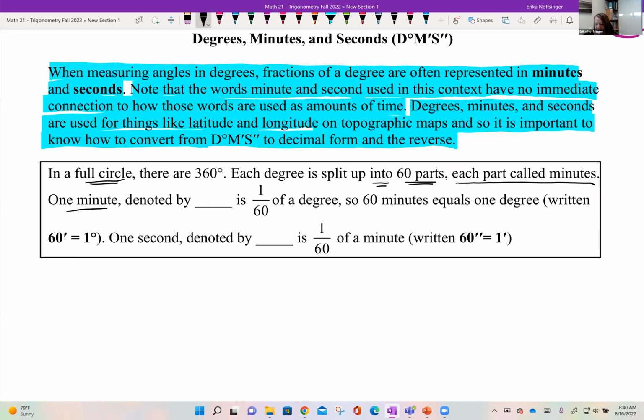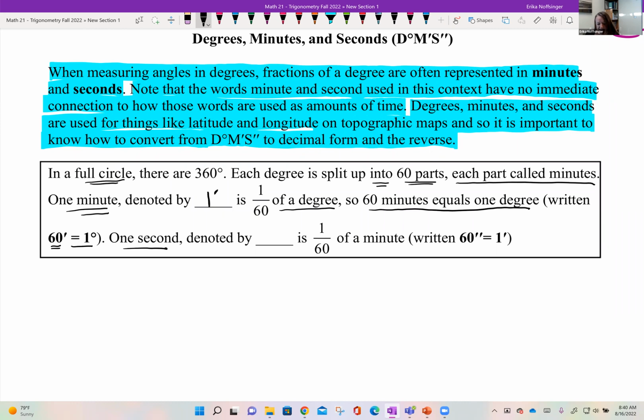So 1 minute is denoted by a number with a prime, a dash up here as an exponent. This 1 minute is 1/60 of a degree. So 60 minutes is equal to 1 degree.